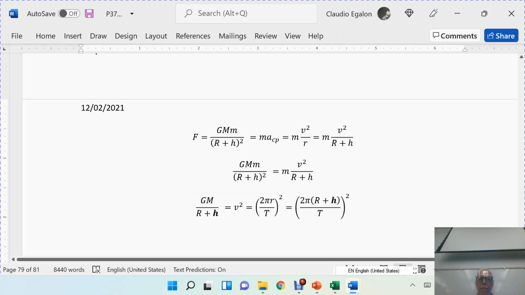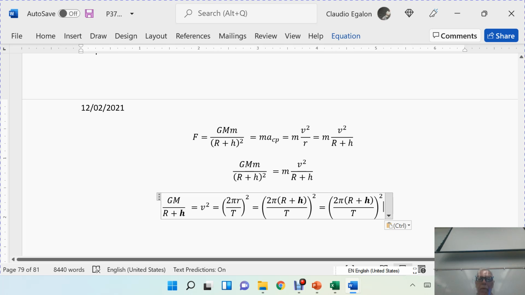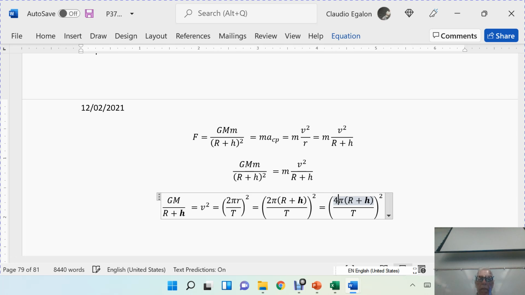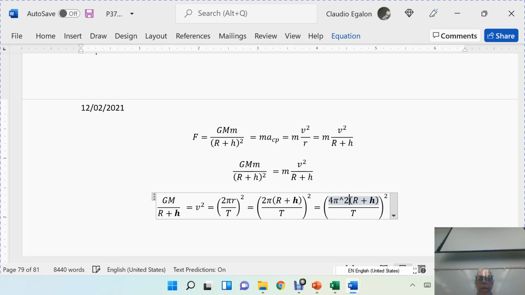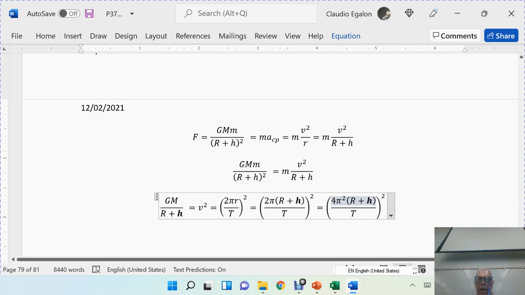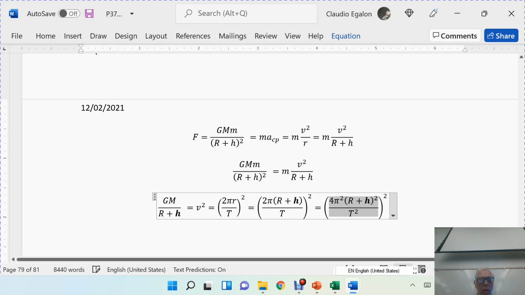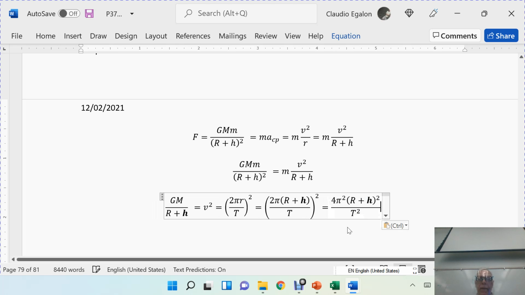Let's go to the next step. The next step is 4 pi squared. The r plus h becomes squared, and the T becomes squared.